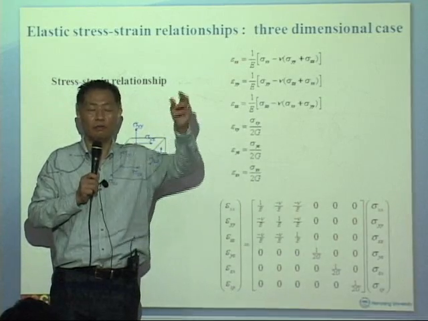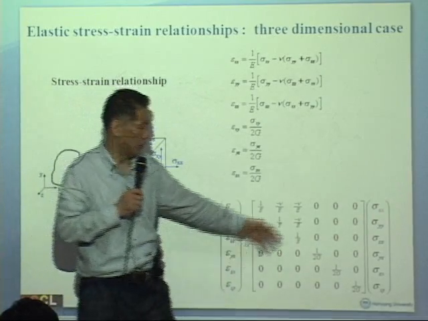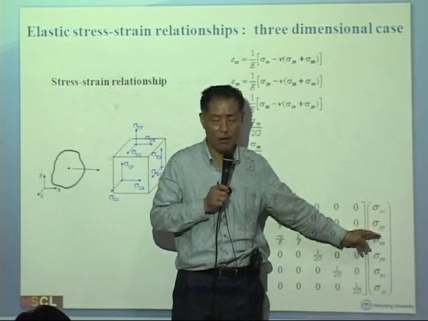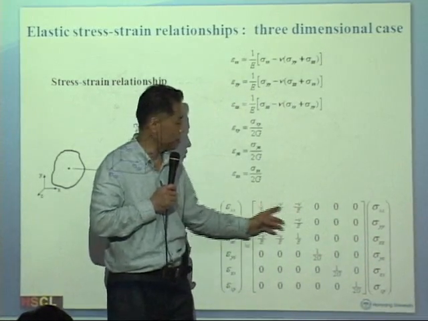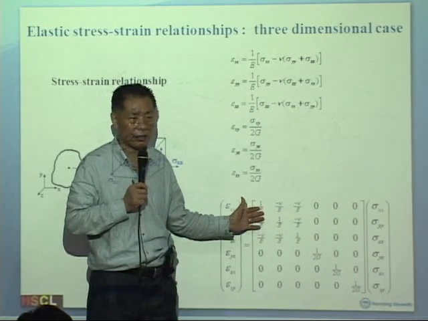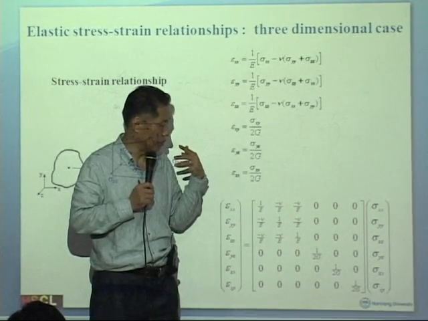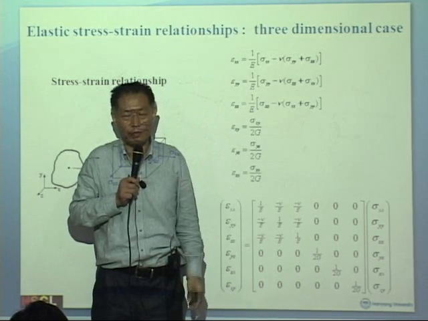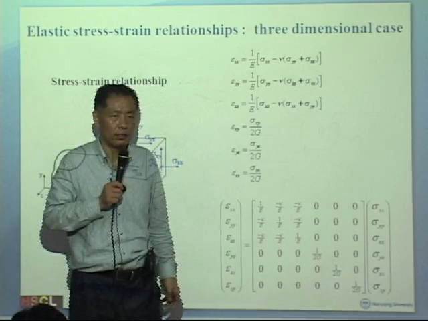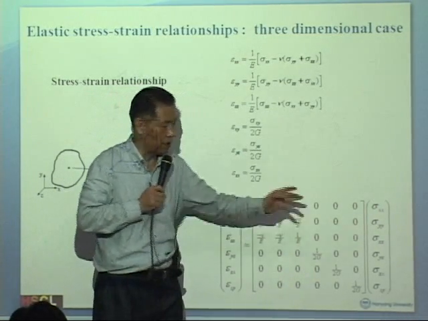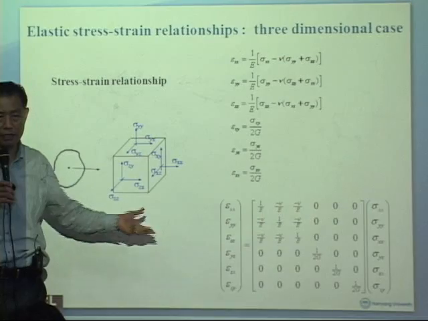Epsilon xx, yy, zz, xy, yz, zx, and on the right-hand side same, sigma xx, yy, zz, and yz, zx, and xy, and there are diagonal terms and off-diagonal terms. It's not that difficult to memorize them, but understanding it really helps you calculate strains when you have the stresses. Okay, so this is the final equation.